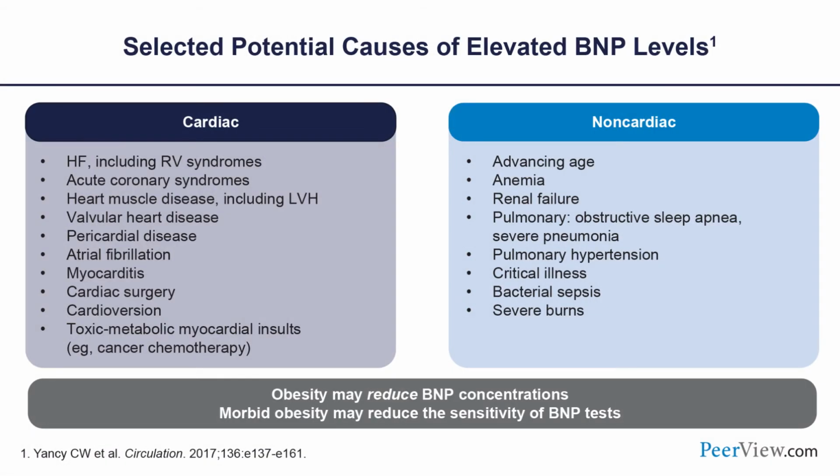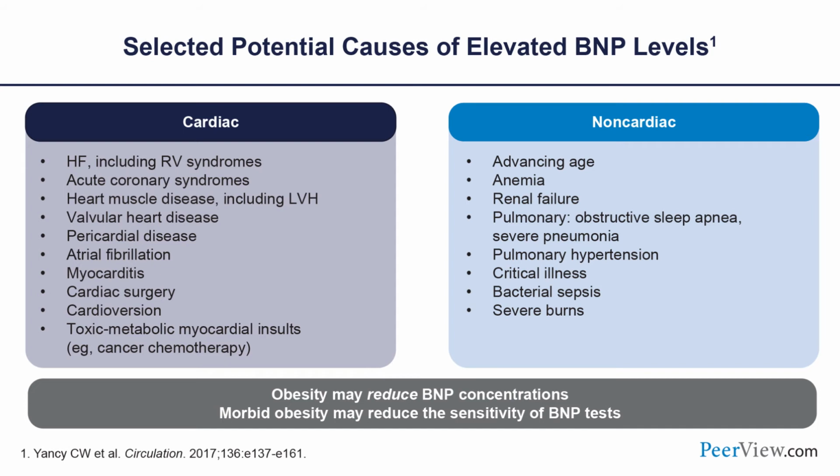Natriuretic peptide levels, BNP or NT-proBNP, are incredibly helpful to assess the diagnosis of heart failure in patients who have symptoms suggestive of heart failure. However, there are certain caveats that we need to be careful about. You're talking about cardiopulmonary resuscitation, cardioversion, myocarditis. It can also be elevated if a chemotherapeutic agent with cardiac toxicity is given to the patient.